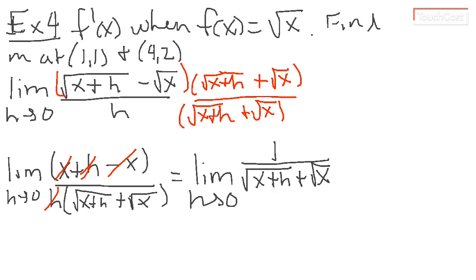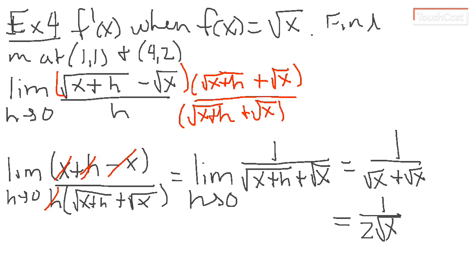And if we put 0 in for h, what we'll have is 1 over the square root of x plus the square root of x, which we can simplify and make 1 over 2 square roots of x.